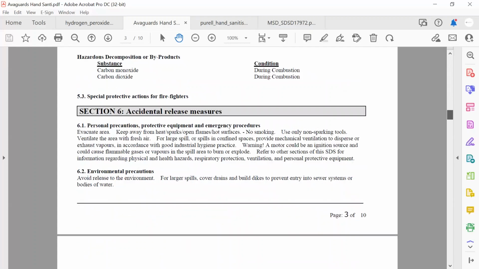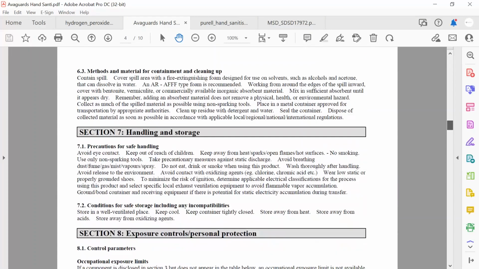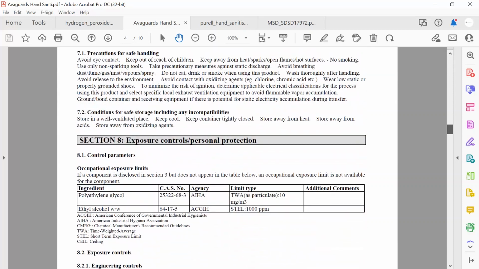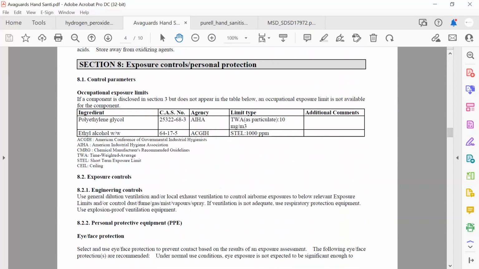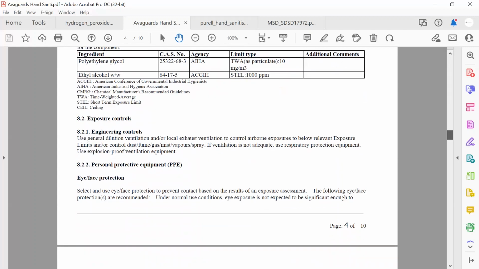It talks about accidental release measures, handling and storage. Number 8 is exposure controls and personal protection. So it talks about using general dilution ventilation and/or local exhaust ventilation to control airborne exposures. It does talk about wearing eye and face protection.